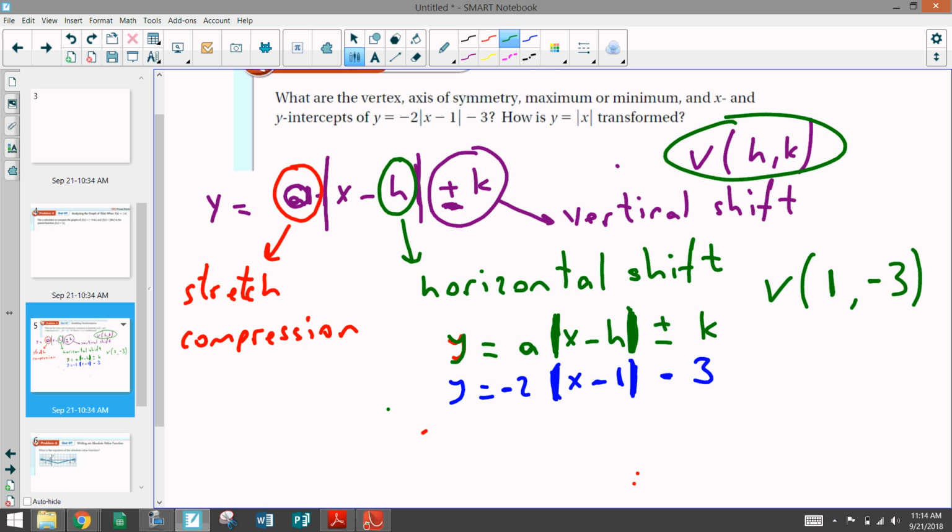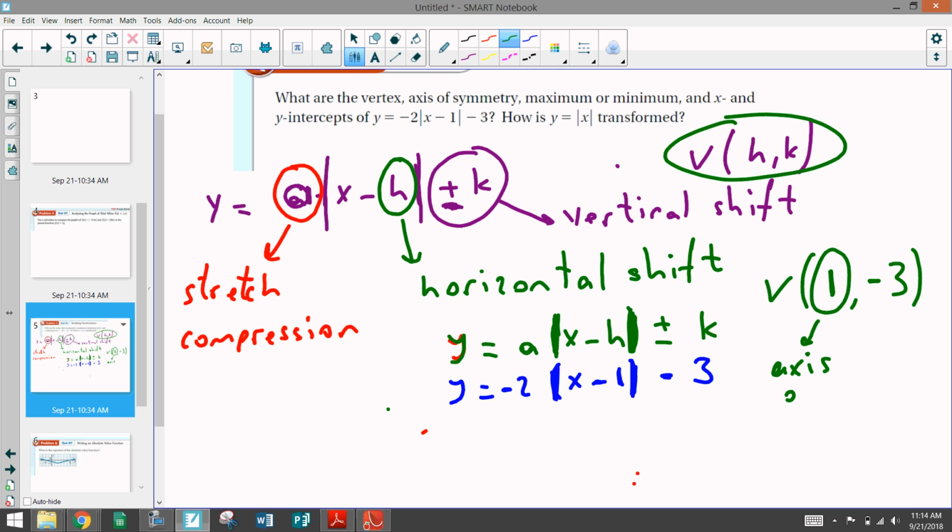At the same time I can determine the axis of symmetry. What is the axis of symmetry? x equals 1. Yes, in this case, this one is going to give you the axis of symmetry.